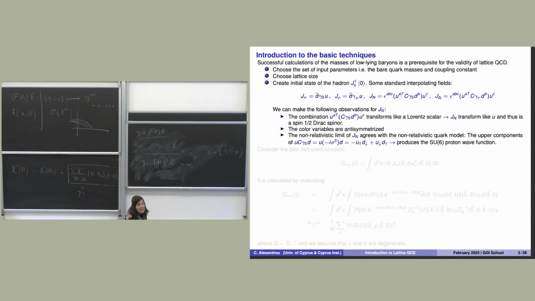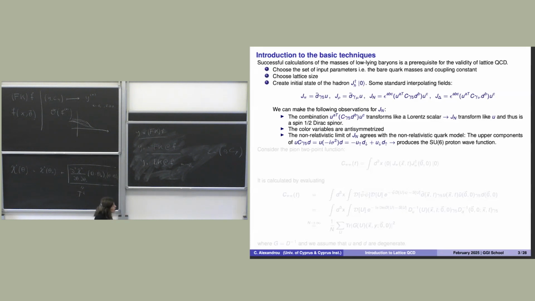Yesterday we didn't get to describe the continuum limit, but choosing the lattice spacing is equivalent to choosing the coupling constant, because you can compute a relation between them. Whether I choose the coupling constant g or the lattice spacing, these are equivalent. So this is one parameter that I have to input.